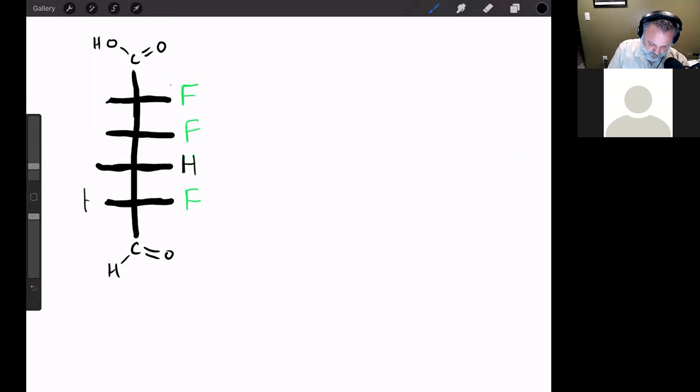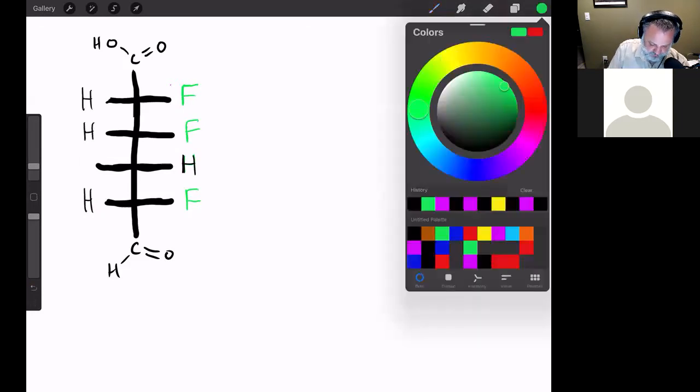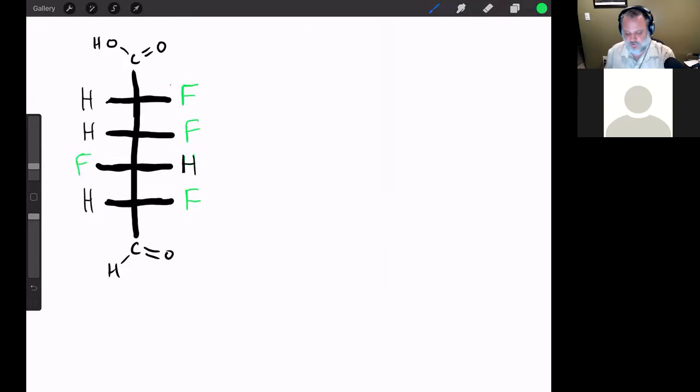Hydrogen here, hydrogen here, hydrogen here, hydrogen here, and finally the fluorine here. Now that you've done this projection, you can specify all the stereocenters. And so what I want to do is show you an example of specifying 2 of the stereocenters with the Fischer projection set up the way it is. That way you'll see that you can use this to specify the stereo configurations.